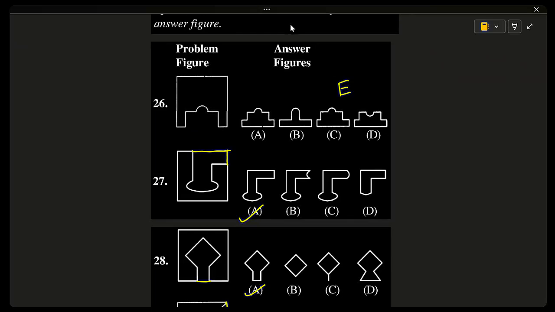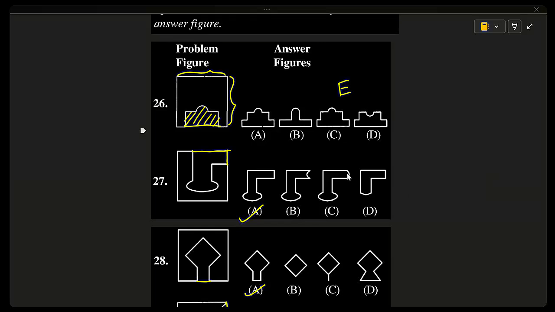If you attach option A, the base will be increased, so this will become a rectangle. The length and breadth are already the same, so if you increase the breadth again, it is going to be a rectangle. We have to get the completion here itself. If it is there, we choose it, but it is not there. So E. Okay, Tanush.